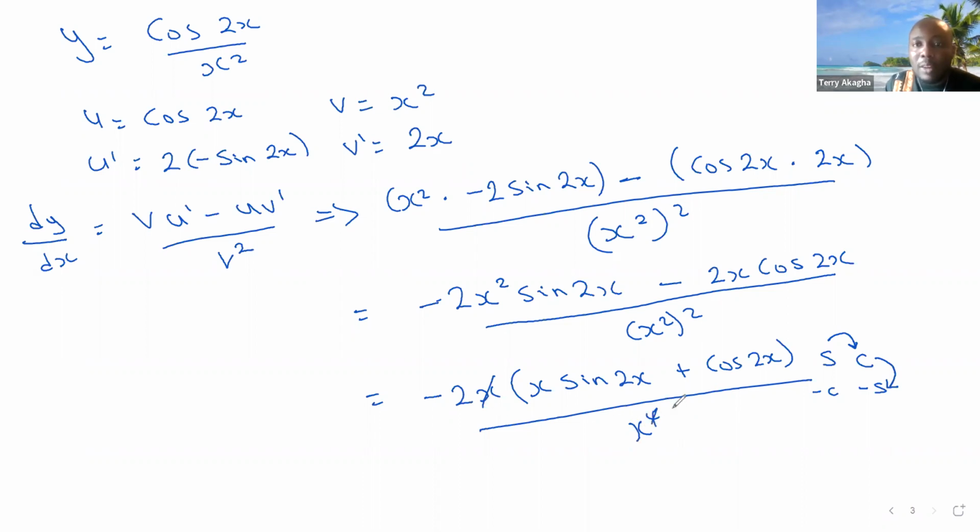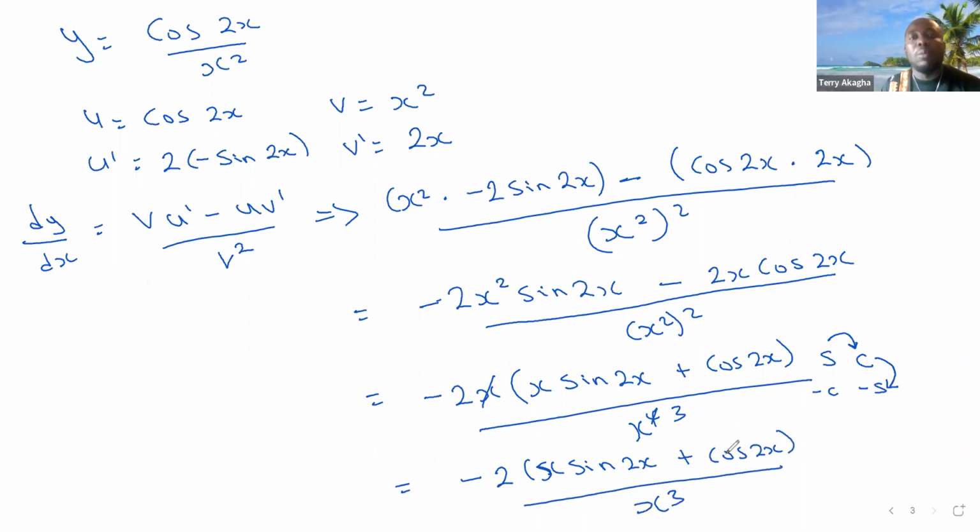When I cancel 1, it's going to leave me with x cubed. So it's going to be minus 2x sine 2x plus cos 2x divided by x cubed. And that is the derivative for that. Okay, I think that is what I have for this question.